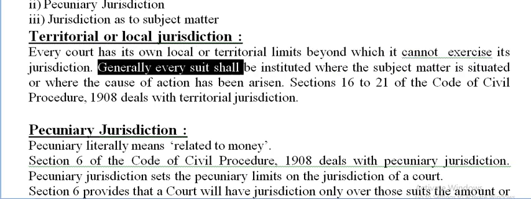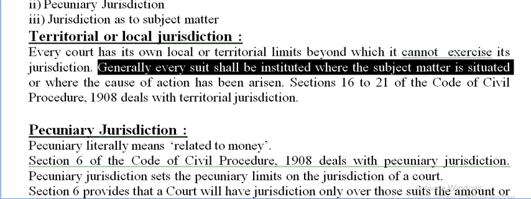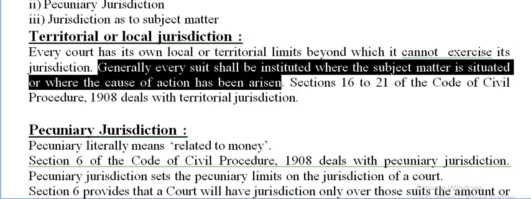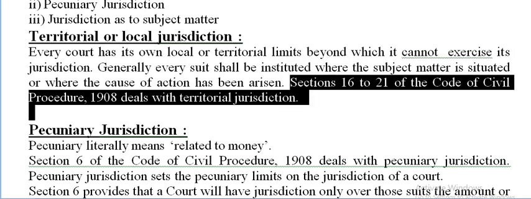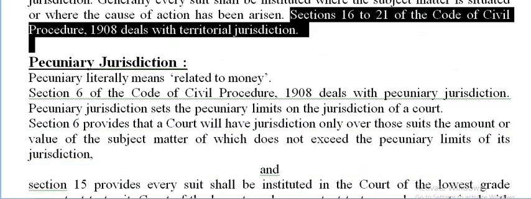Generally, every suit shall be instituted where the subject matter is situated or where the cause of action has arisen. Sections 16 to 21 of the Code of Civil Procedure 1908 deal with territorial jurisdiction.